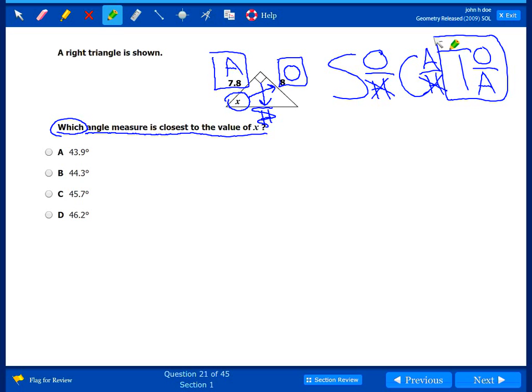So how we set this up is we write tan, and we always put the angle next to tan, which is going to be x. So this is the angle. We don't always put x, we always put the angle. That's equal to opposite, which is 8, over adjacent, which is 7.8. In order to solve this, we have to take tan negative 1 of each side.